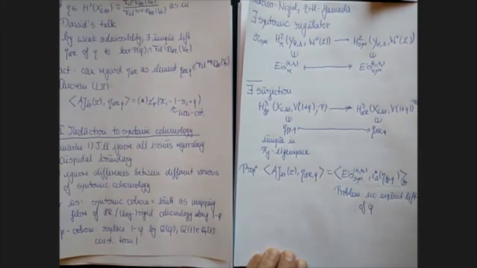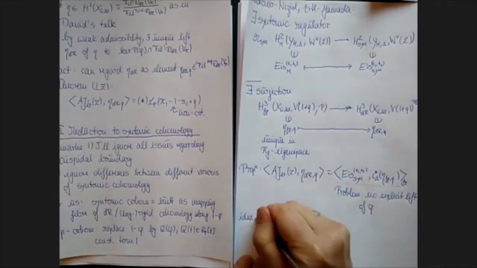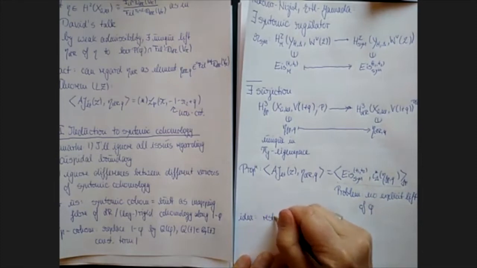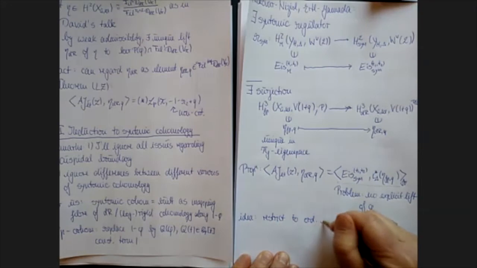So what we want to do is to restrict to a locus where we have an explicit lifting of phi, namely the ordinary locus. So the idea is to restrict to the ordinary locus.